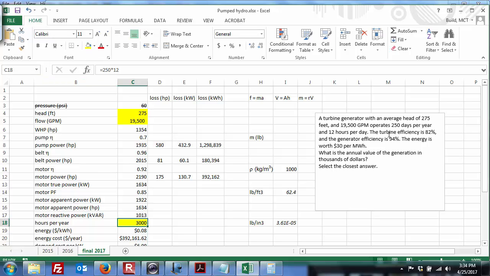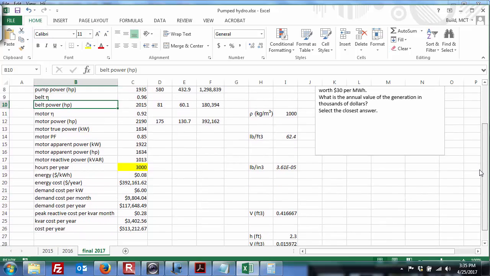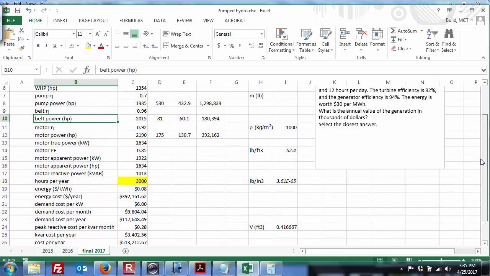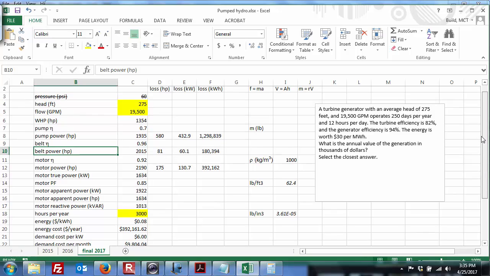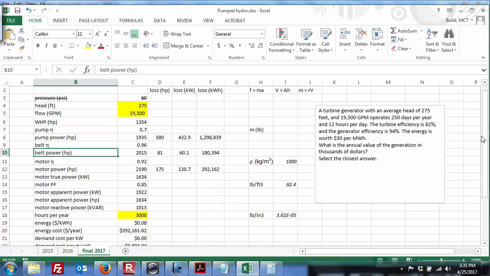Turbine efficiency is 82%. So in this case, we're running uphill, right? Turbine generator.